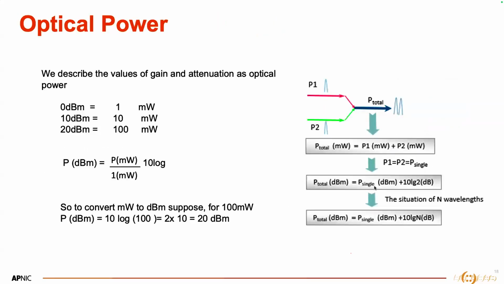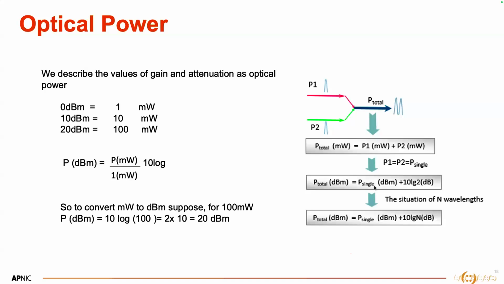Optical power. As we are talking about optics, it has to have a measurement to measure its strength, right? So optical power shows the strength of any signal, how weak it is, how strong it is.